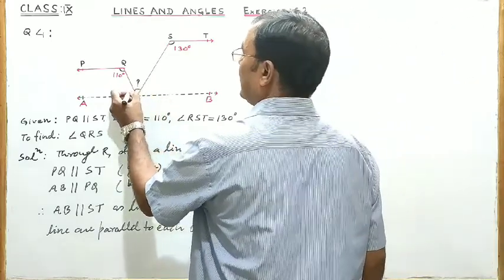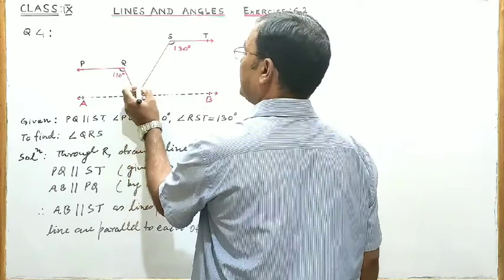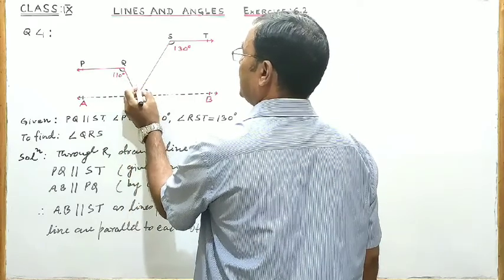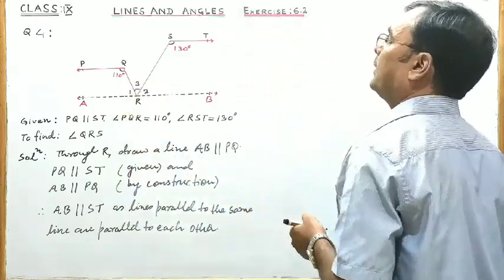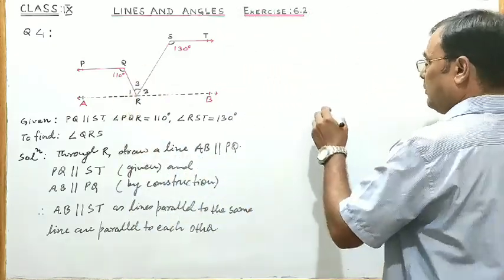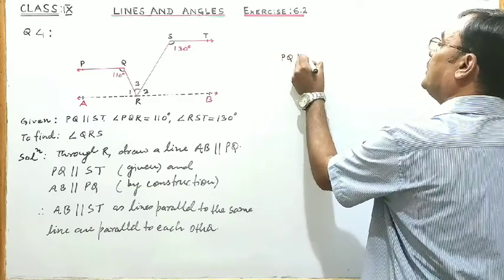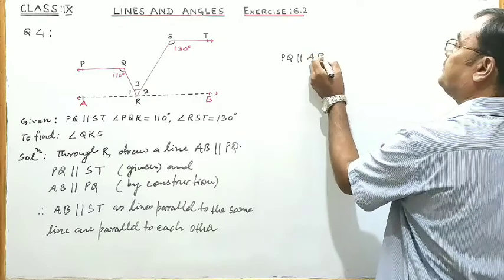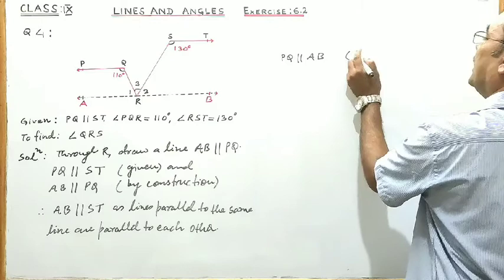Now let this angle be 1, this angle be 2, and this angle QRS be 3. PQ is parallel to AB by construction.